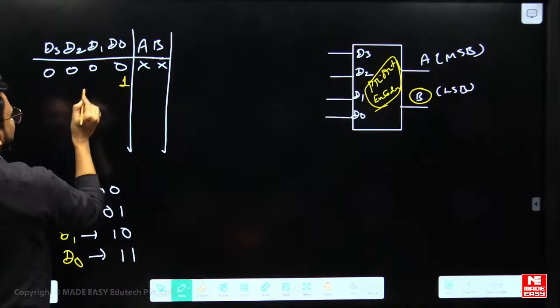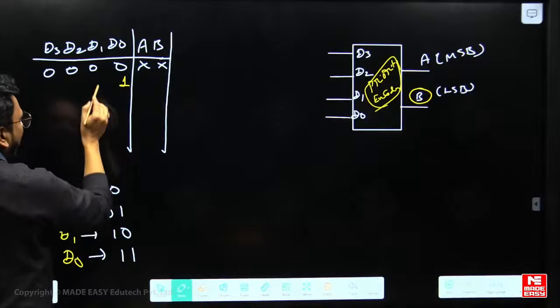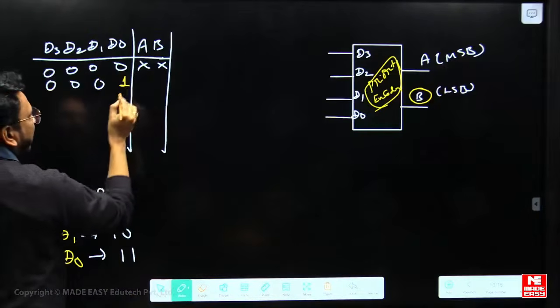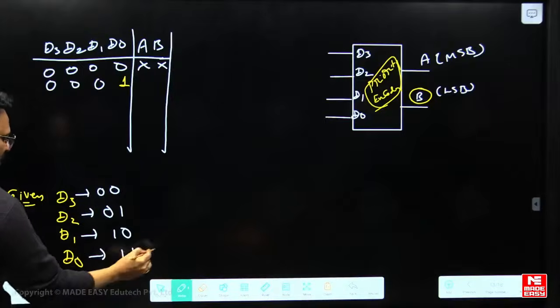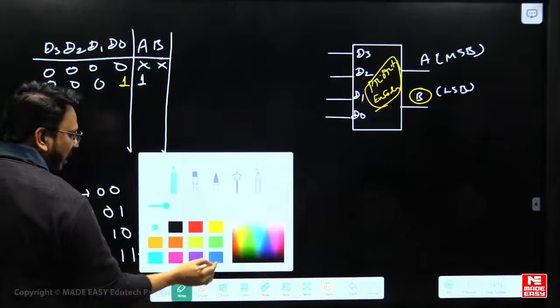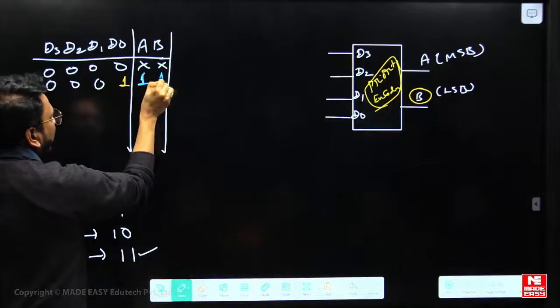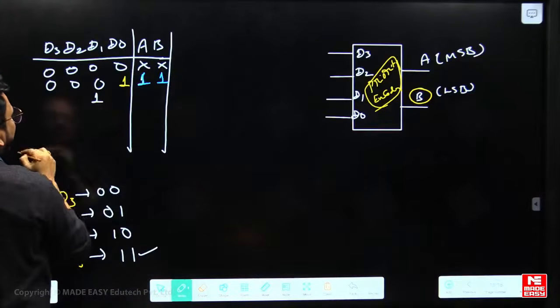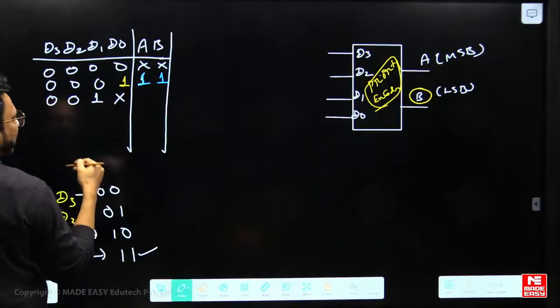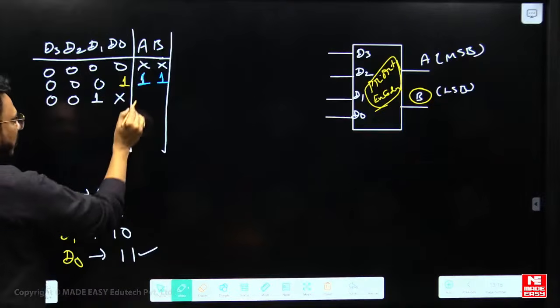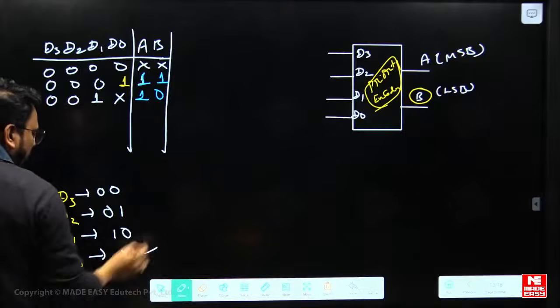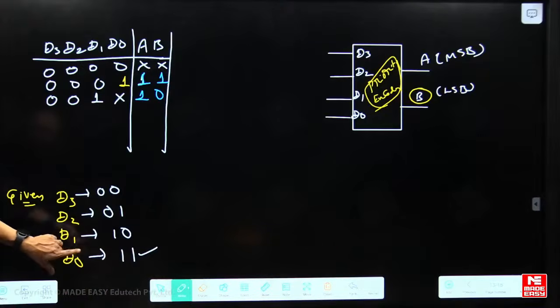When D0 is activated and these are not activated, we get 1, 1. When D1 is activated and these are not activated, whatever it may be, we get 1, 0, because I am writing these from the given things of the question.